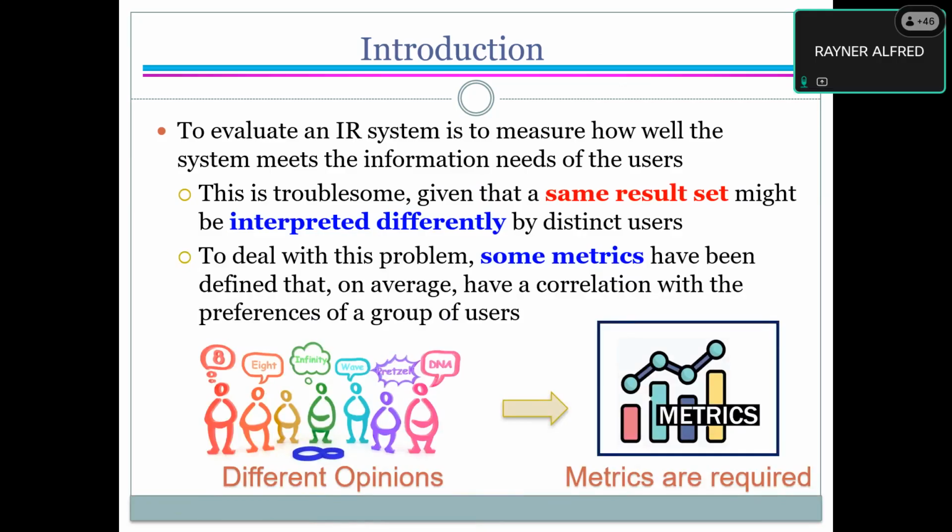So you may have different opinions about which one is more relevant to you. Okay, so because of these different opinions, we need some kind of metrics that we can use in order to evaluate the retrieval result that we get.